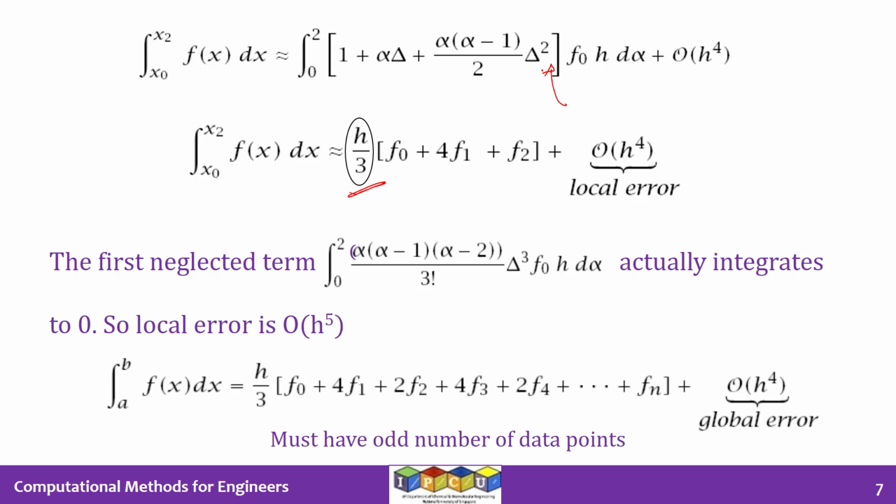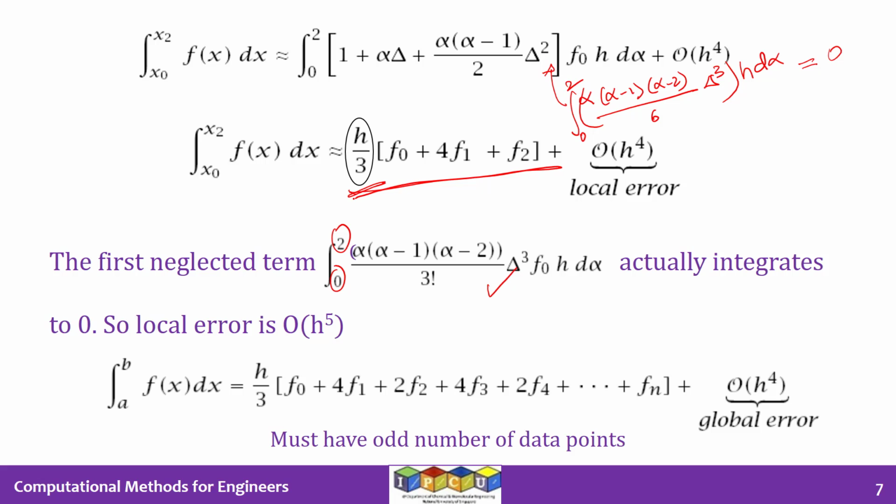So let us say I included alpha into alpha minus 1 into alpha minus 2 by 6, that means 3 factorial, delta cube, and if I integrated this h d alpha, of course, from alpha equal to 0 to alpha equal to 2, I would have gotten 0 for the limits 0 to 2. That means even if I had an extra term there, I would have got exactly the same expression.